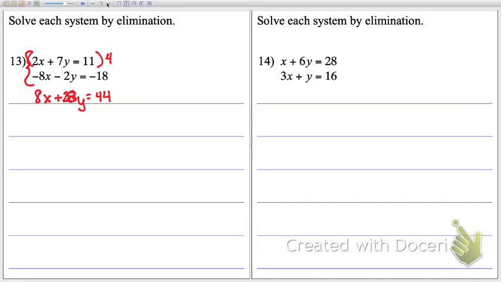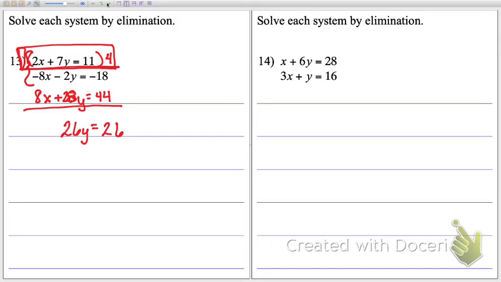So after I've done that, the one up here is just the original equation. I'm not doing anything with it right now. I combine the two. So negative 8 and 8 is what? 0. Negative 2 and 28 is 26. And then 44 minus 18 is 26.